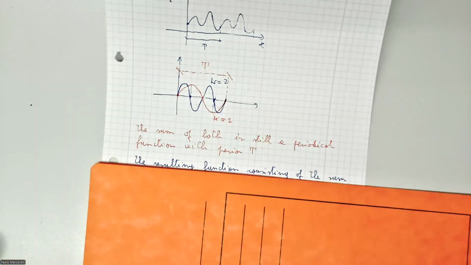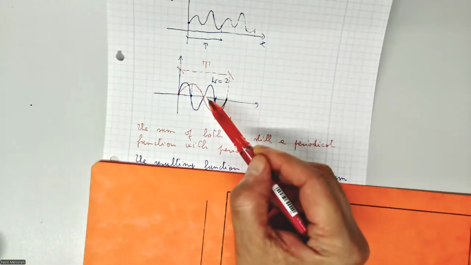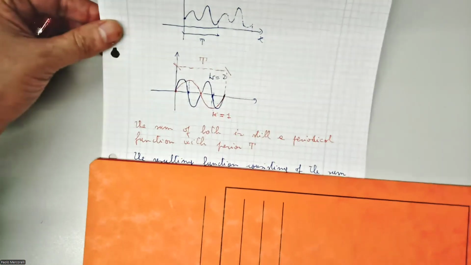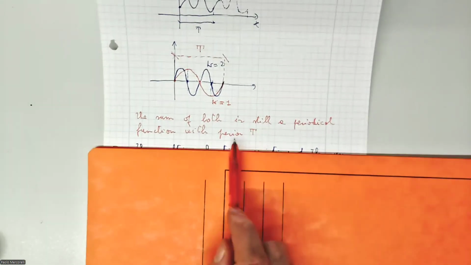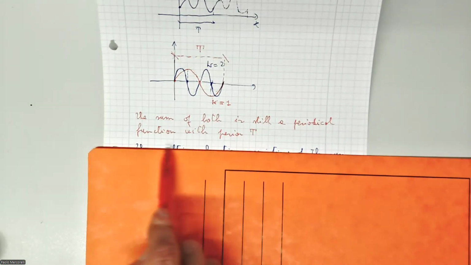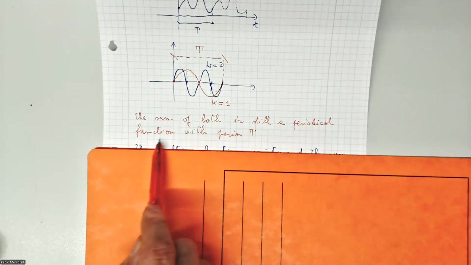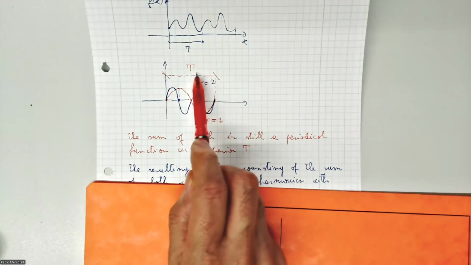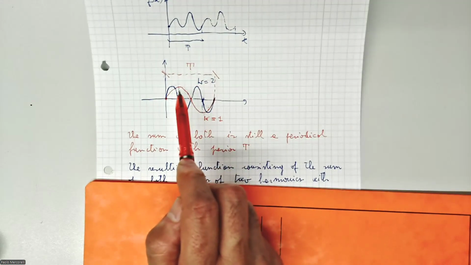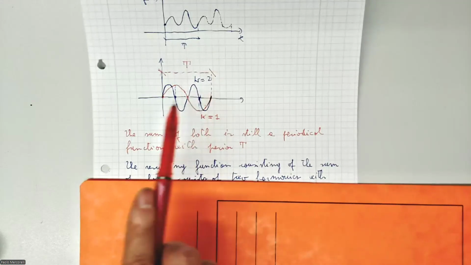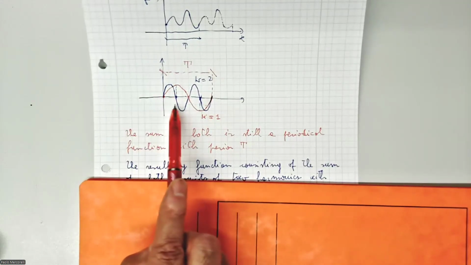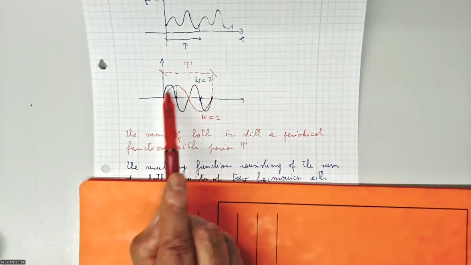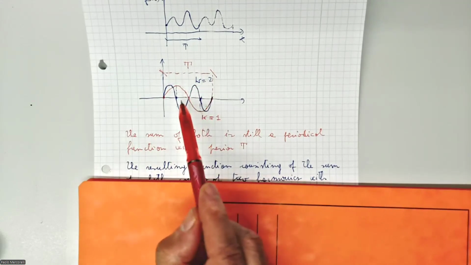Do you remember in math, the sum of two periodical functions is again a periodical function? If, of course, the period is the same, or if the period ratio is an integer value, I mean, we can see we have two periods. One is t and one is 2t if you want. I don't know if it's visible. The red is t and the blue is t divided by 2, right?